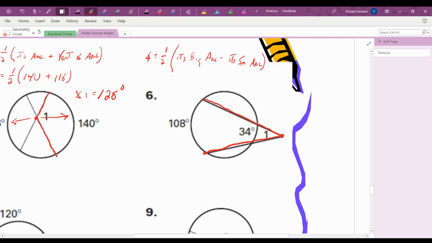Small, little, doesn't matter. So find the two arcs inside of it. Angle 1 equals 1/2. Its big arc is 108 minus its little arc, which is 34. So 108 minus 34. We're going to cut that in half, and we get angle 1 equals 37 degrees.